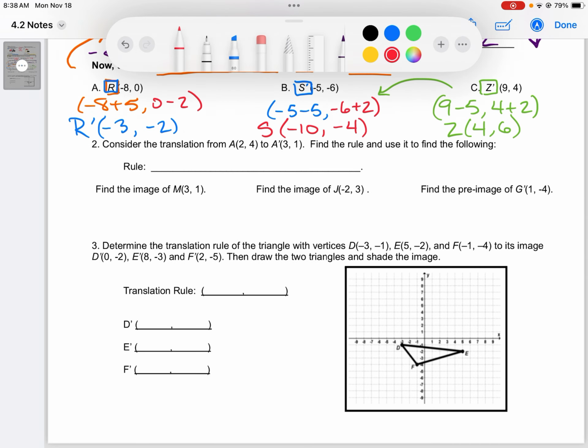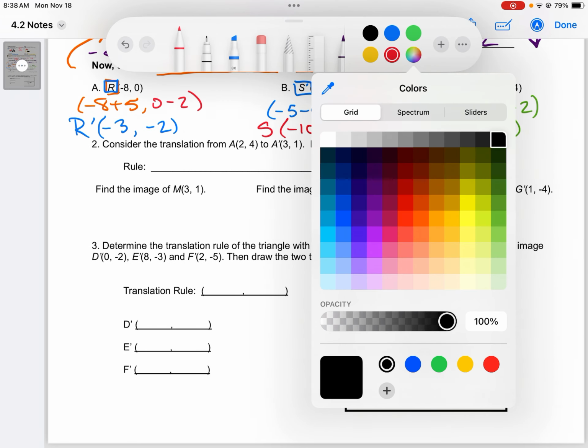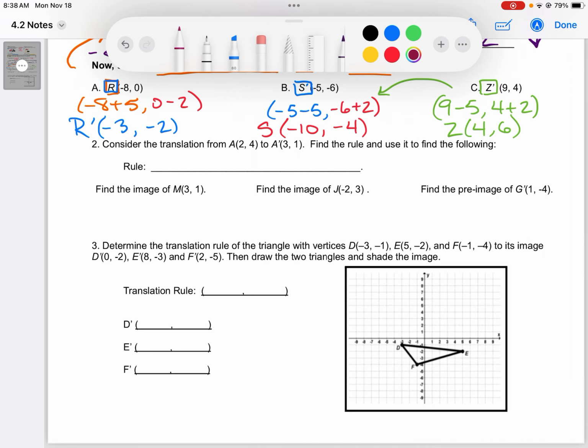All right, now when we're given 2 points and we're given their coordinates, you can also figure out where they started and where they came from and figure out the rules for yourself. So if my A was at 2, 4 and my A prime is at 3, 1, you would ask yourself, how did I get there? If I went from 2 to 3 as an x value, how did I get there?